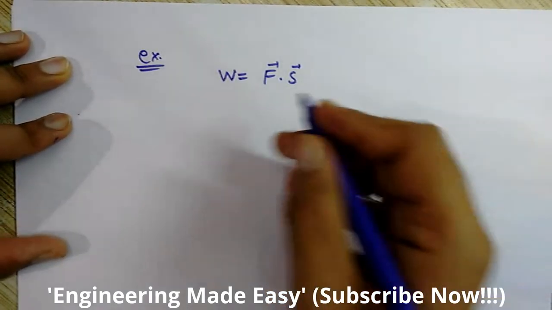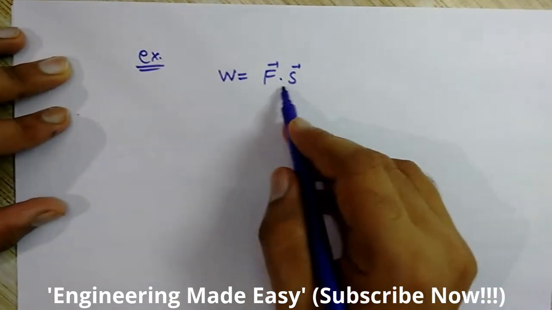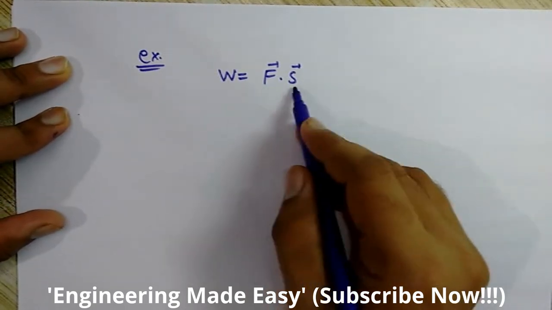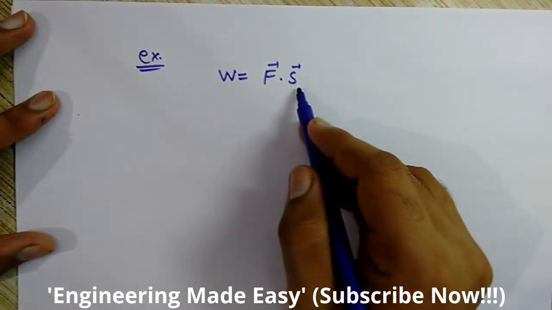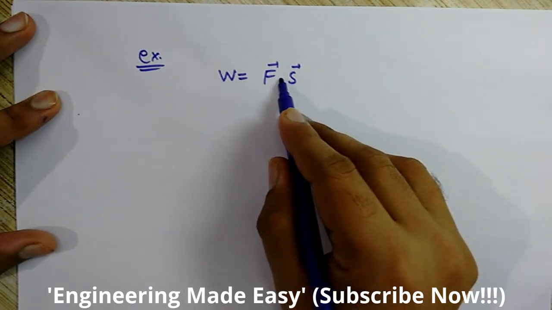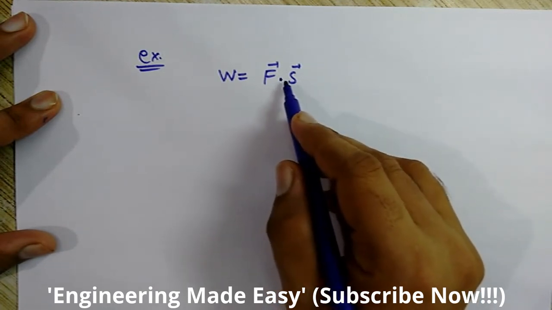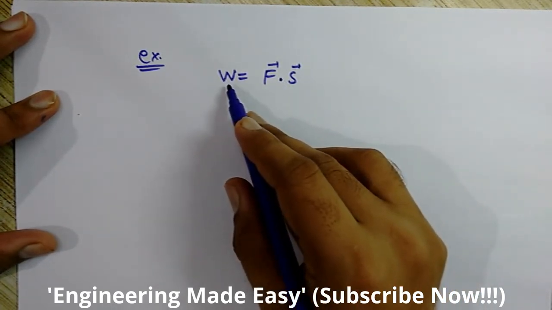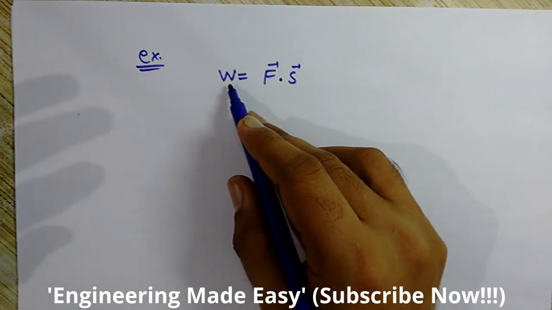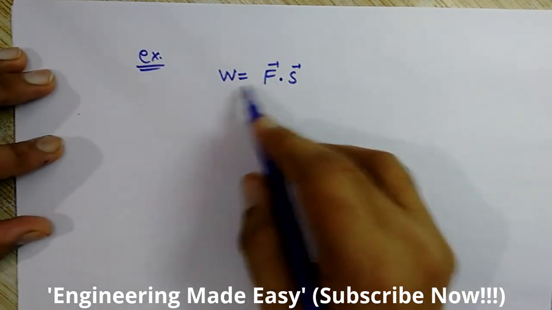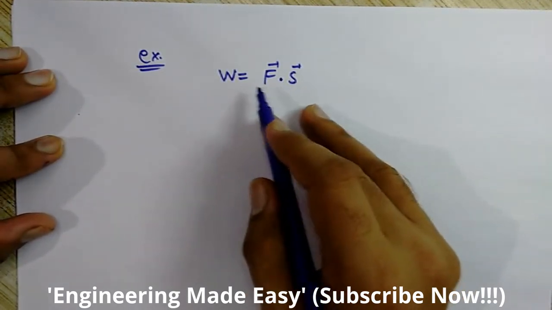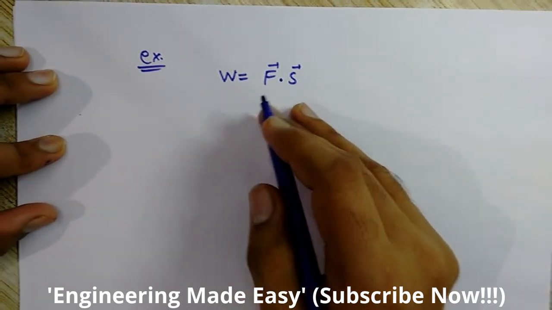As you can see, force and displacement both are vector quantities, and when we perform this dot multiplication, we get work, which is not a vector. It is a scalar quantity, so that's why it provides a scalar by multiplying two vectors.